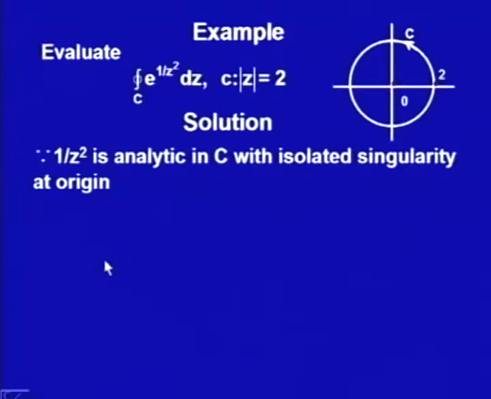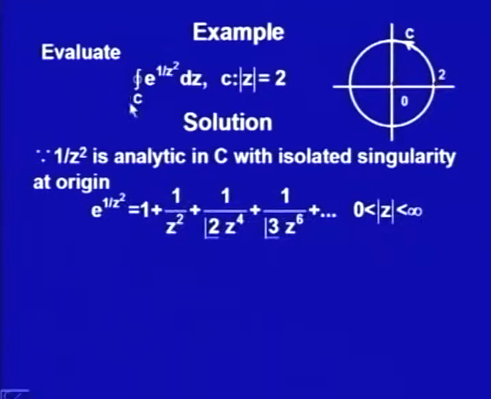and for that we first have to write out the Laurent series expansion for e to the power 1 by z square, so that we could find out the residue at z equal to 0. If I write e to the power 1 by z square, it would be 1 plus 1 upon z square plus 1 upon factorial 2 z to the power 4 and so on, and this expansion is valid for all z between 0 and infinity.